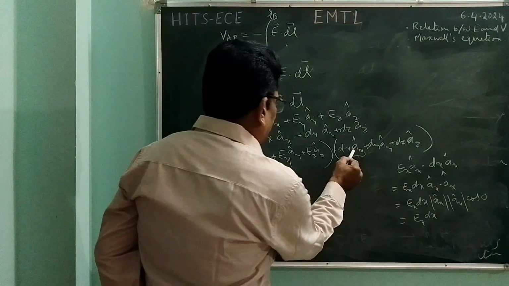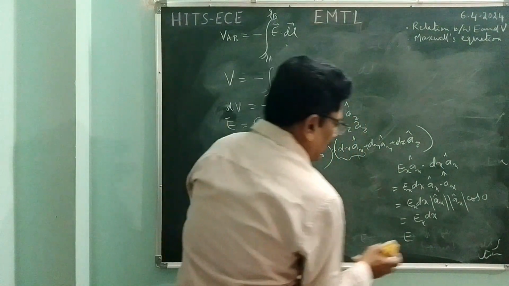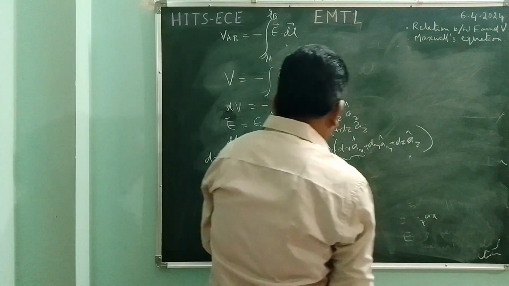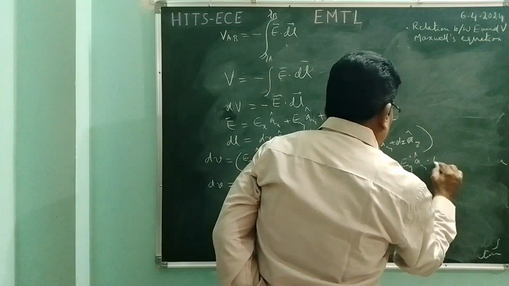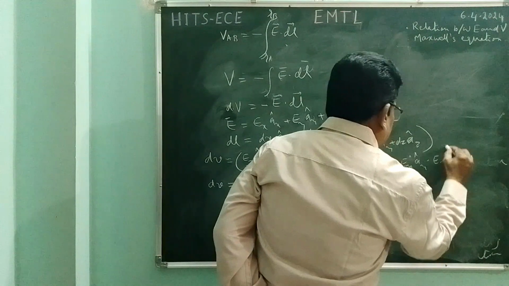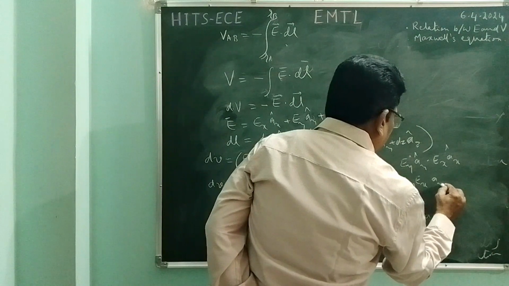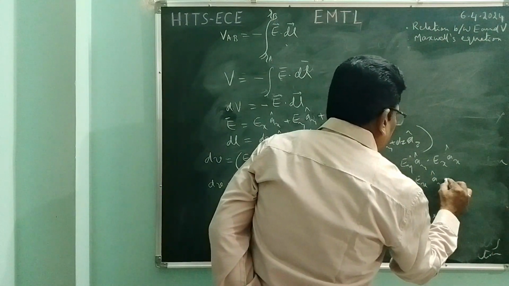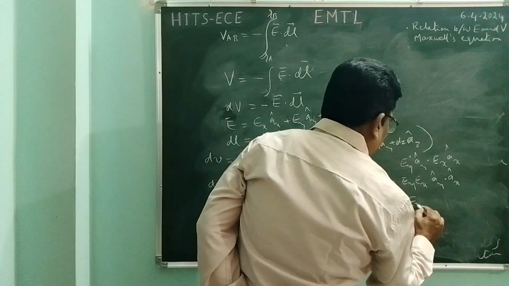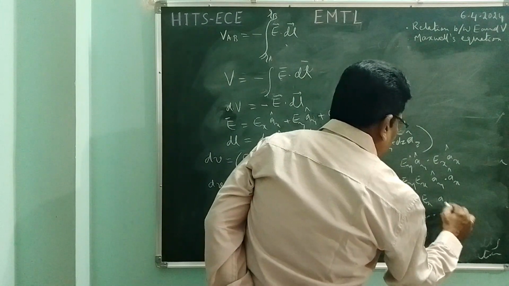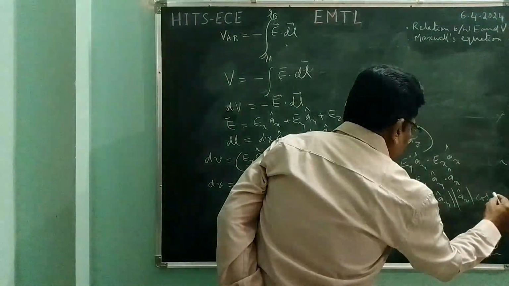Now multiply this with this, we'll get Ey Ay cap dot Ex Ax cap, which is equal to Ey Ex into Ay cap dot Ax cap, which is equal to Ey Ex magnitude of Ay cap into magnitude of Ax cap into cos of the angle between them, which is 90.